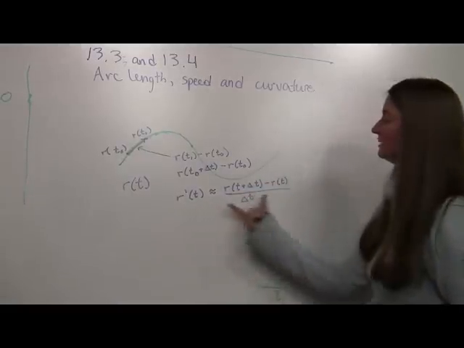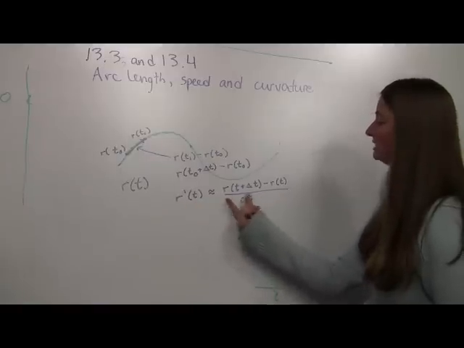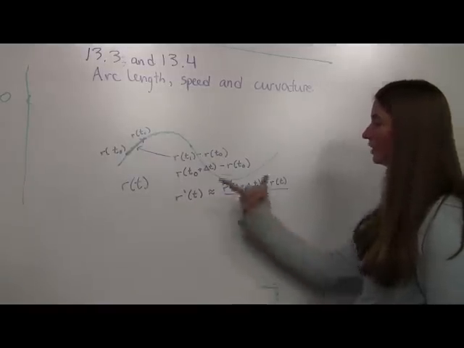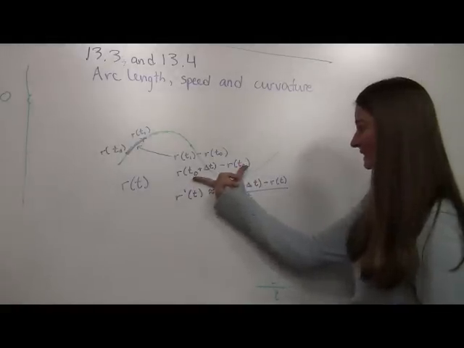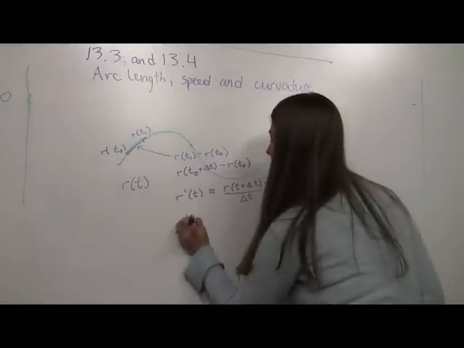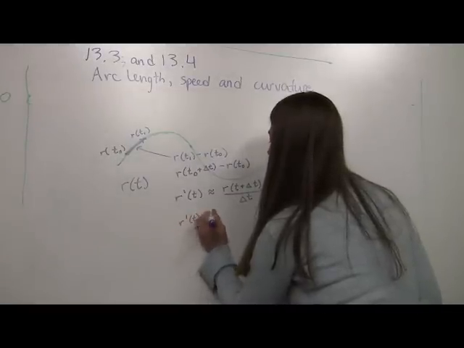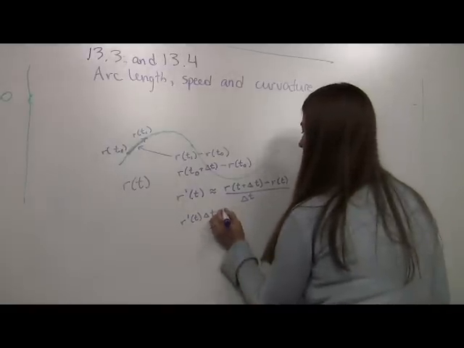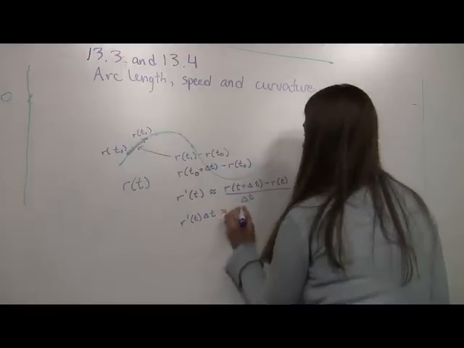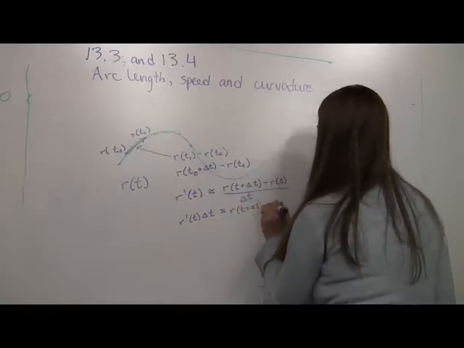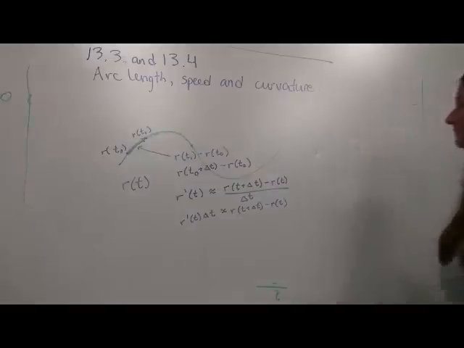Of course, this would be exactly equal as we take the limit as delta t goes to 0. And so this piece is exactly equal to r prime of t times our delta t, which is r of t plus delta t minus r of t.